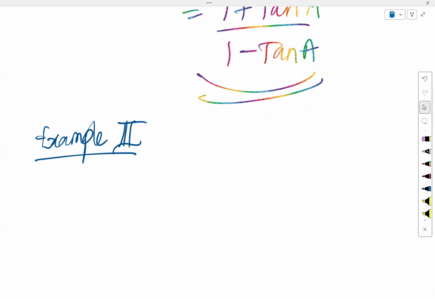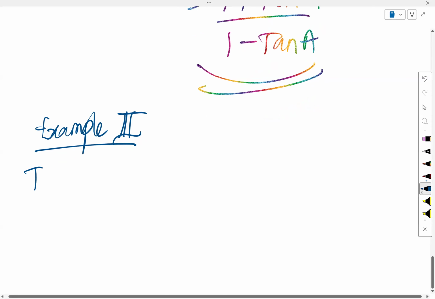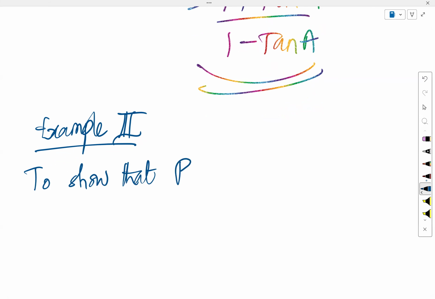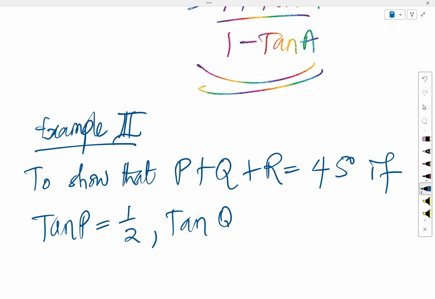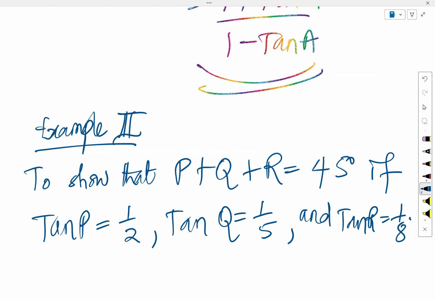So in example 3 now, we want to show that P plus Q plus R is equal to 45 degrees if tan P is equal to 1 over 2, tan Q is equal to 1 over 5, and tan R is equal to 1 over 8. So that's what we need to show.